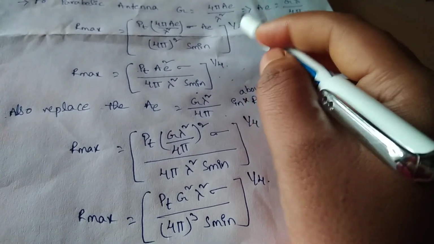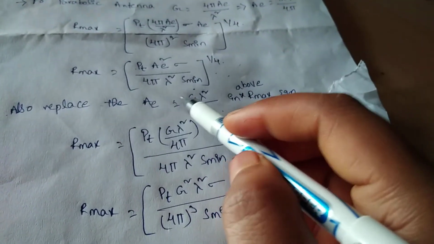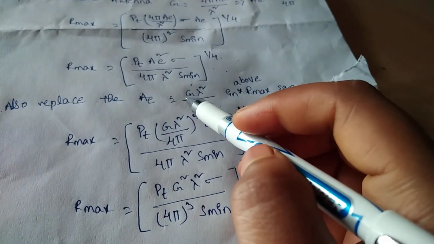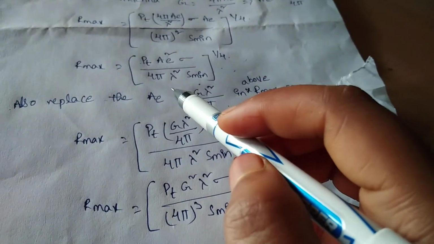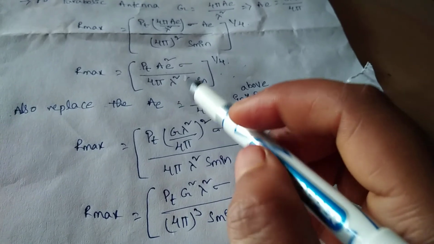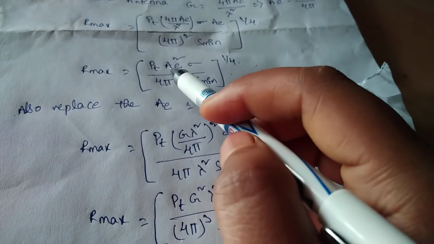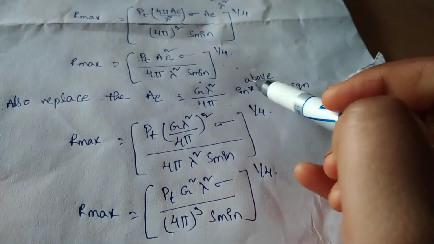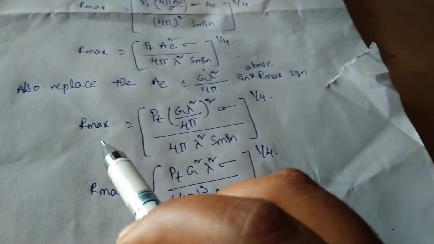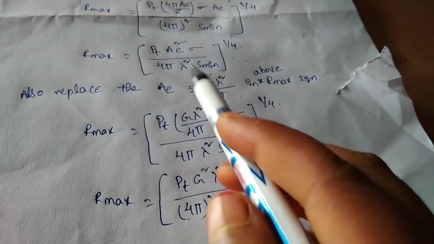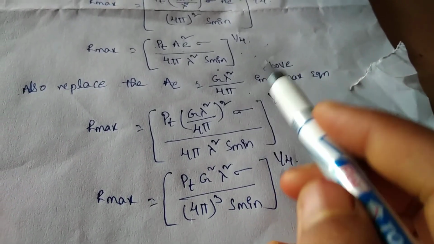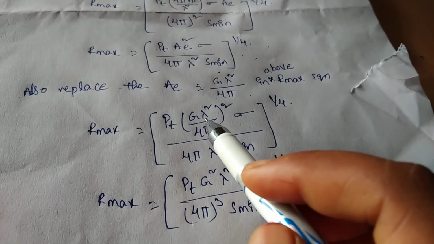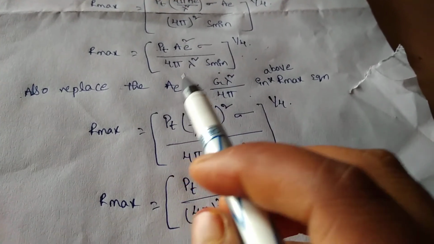Based on that relation, AE equals G lambda square by 4 pi, and we replace that into AE.